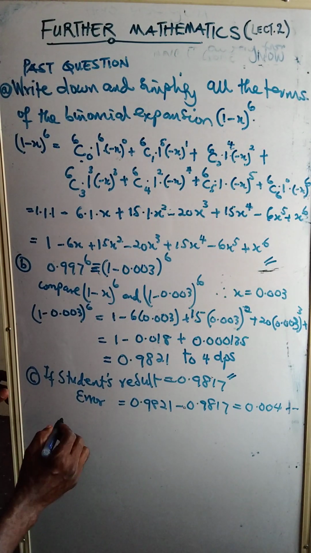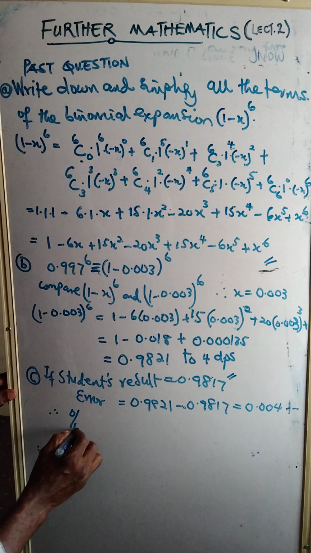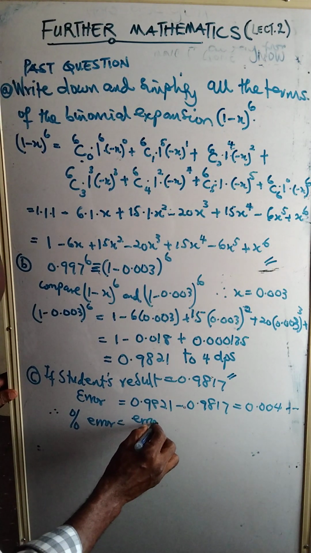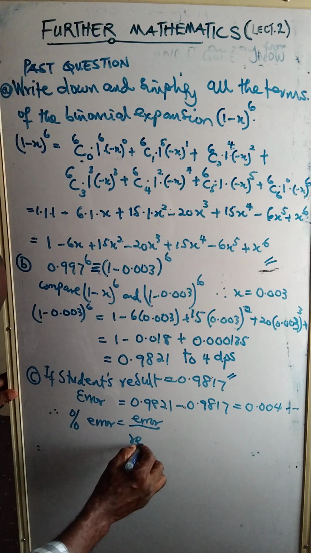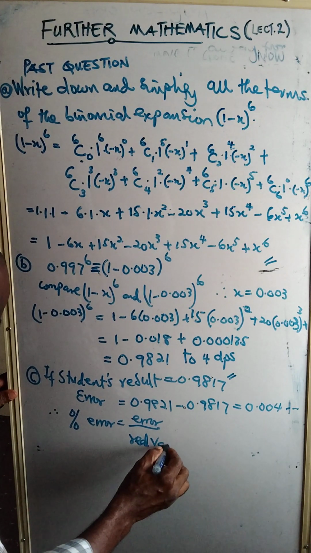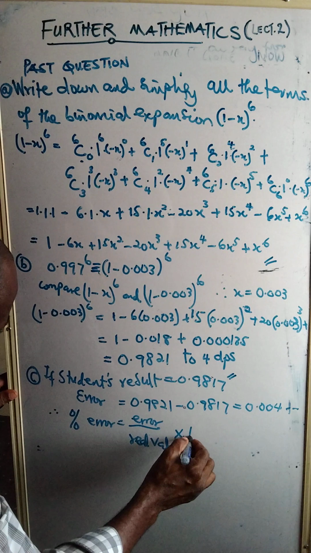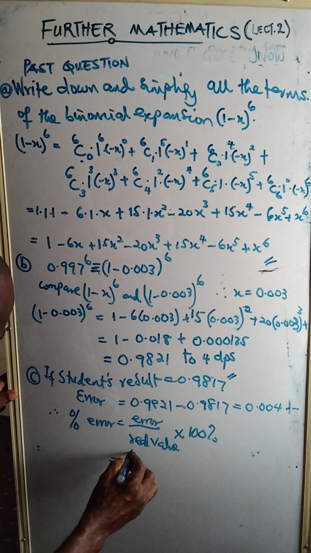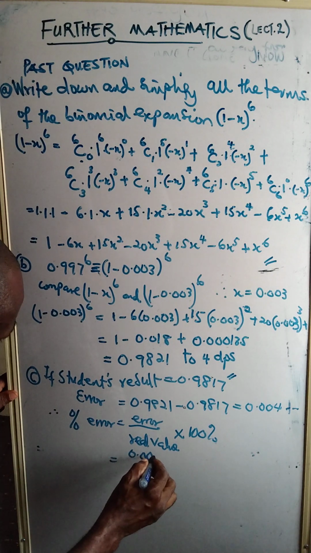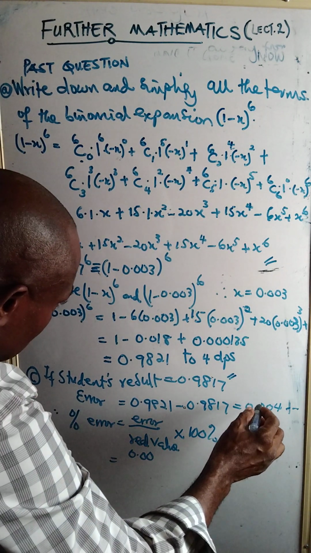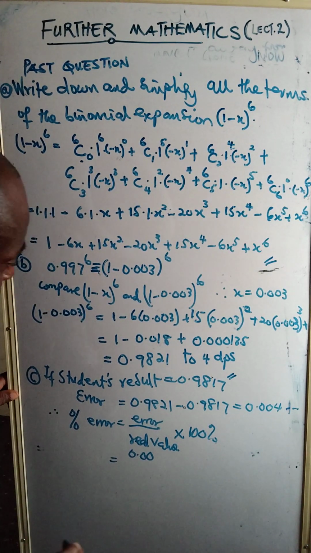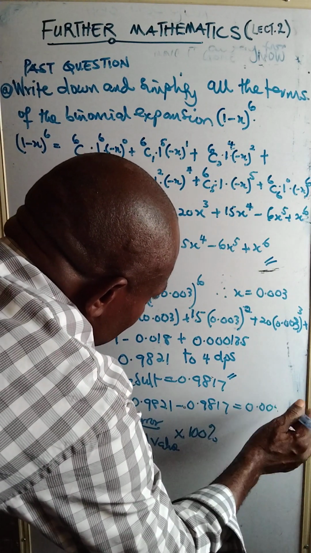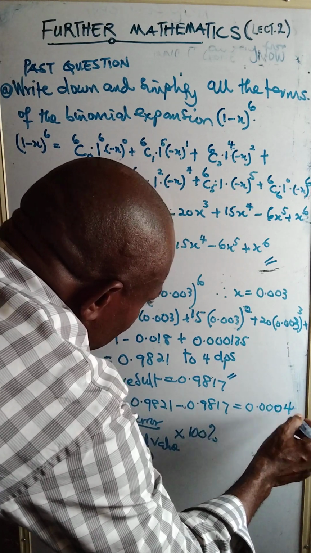So the percentage error is equal to error over real value times 100%. If you do that, I think it's 3 zeros, very likely to be 3 zeros or something like this.